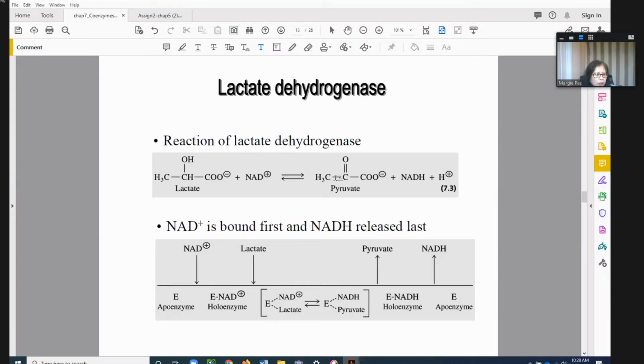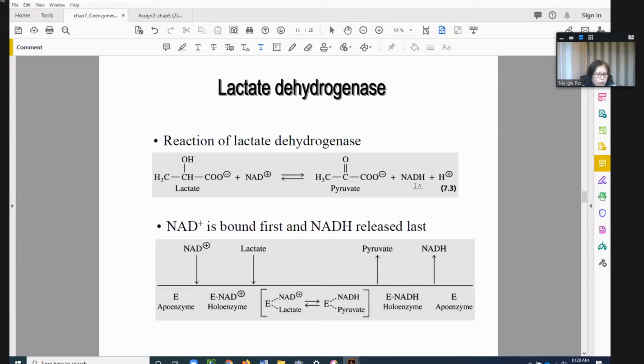In conjunction with the oxidation of lactate to pyruvate, there is reduction of NAD to NADH. Okay. So a proton is released from lactate, and that is used to reduce NAD to NADH.